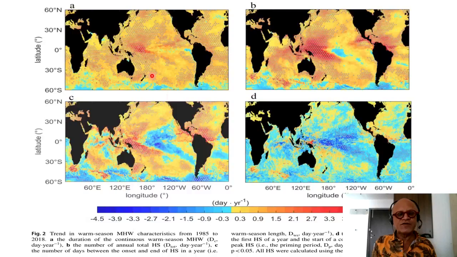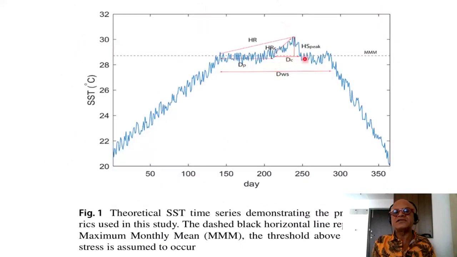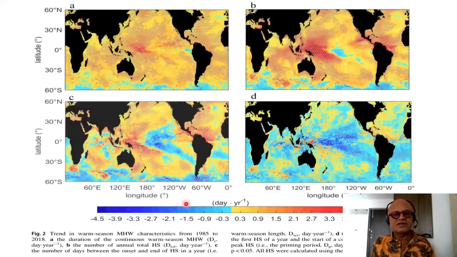Here is the duration of the continuous warm season, so DC, and you can see that except for the far eastern tropical Pacific, there have been increases in DC, so this has increased in trend over this period, and the scale is here in terms of days per year, and obviously there is some relation to the warming rates. So the ITCZ here and the Western Pacific warm pool region show the largest increases in DC.